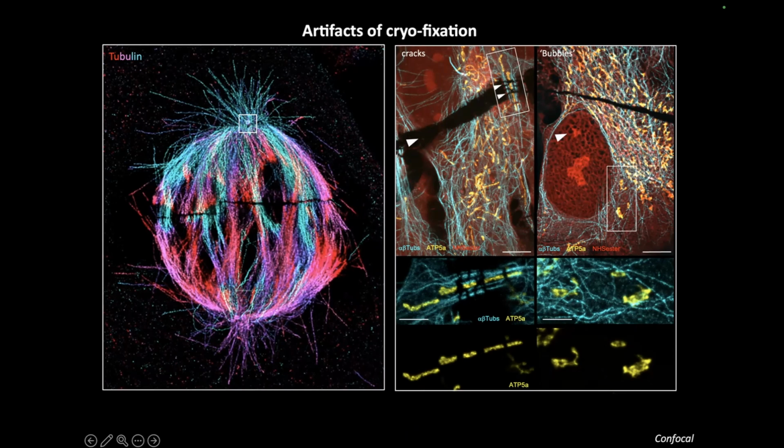So having cracks is not a sign of bad fixation. It's just that it sometimes happens that you have one crystal and it disturbs the sample, but the cells around are usually not really damaged. However, there is one strong indication that cryofixation was badly performed, and it's the appearance of this bubble here that you see inside the nucleus.